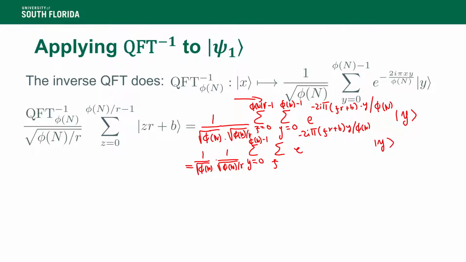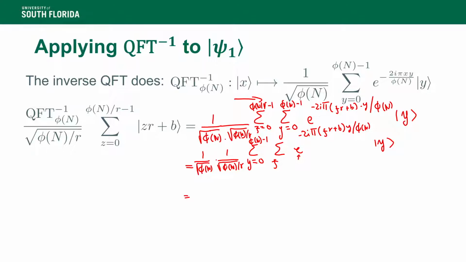Now, one thing we could do, and we will do, is extract from the power of the exponential the terms that do not depend on z. So there's a minus 2i pi by, none of that depends on z.